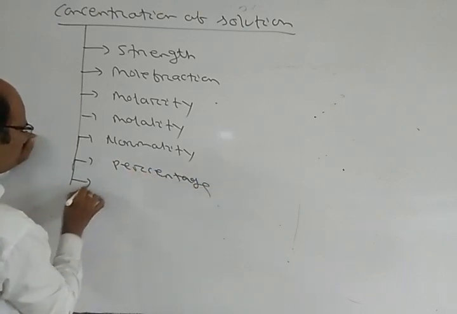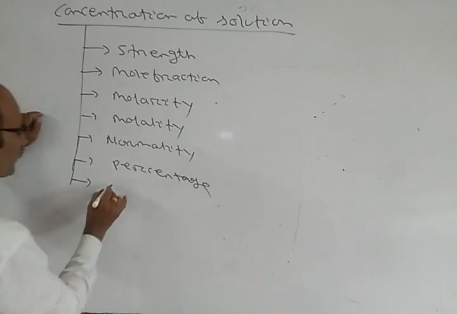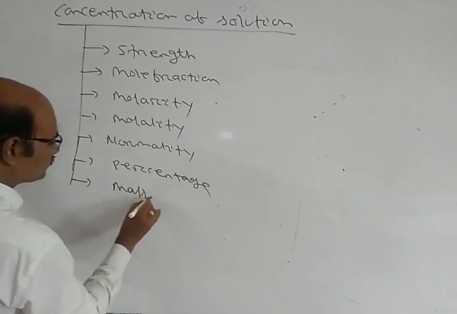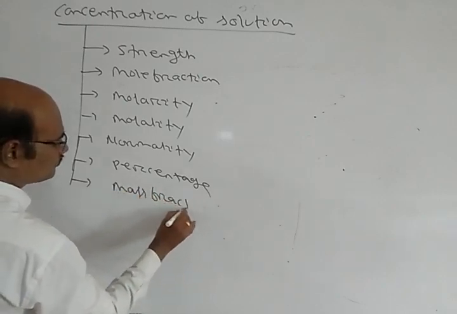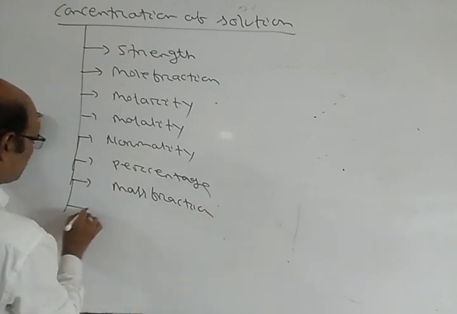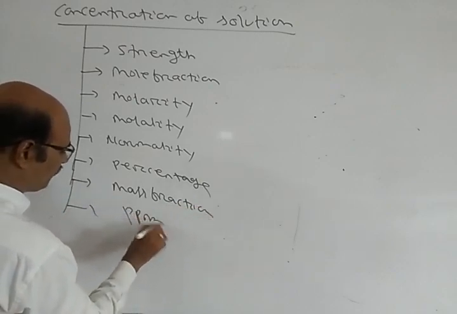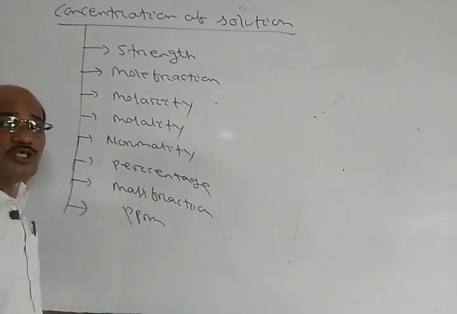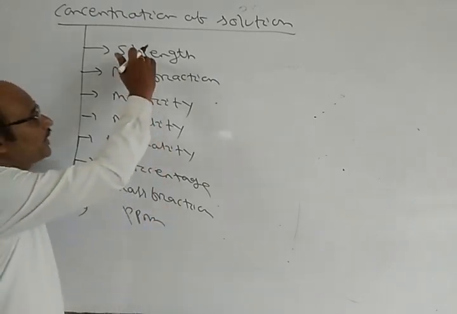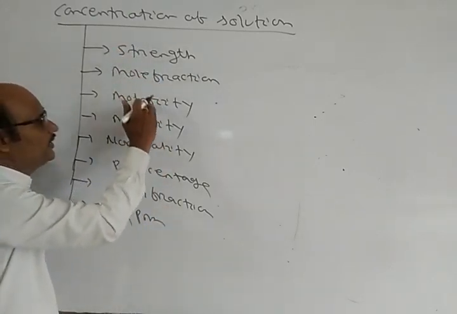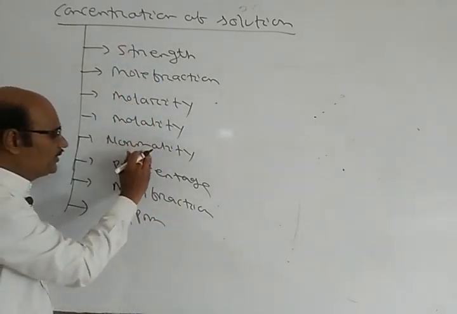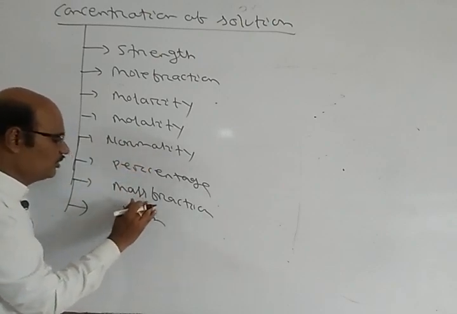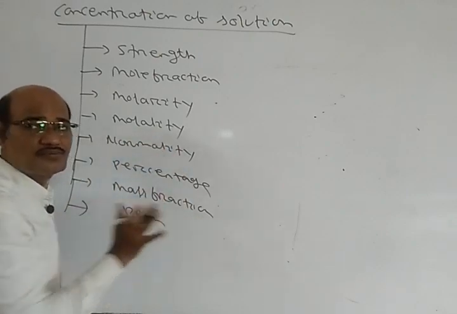We can take mass fraction. We can take parts per million, ppm. So many methods are there to express the concentration of solutions: strength, mole fraction, molarity, molality, normality, percentage, mass fraction, ppm.